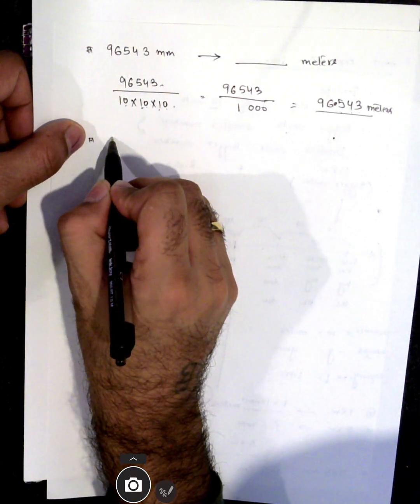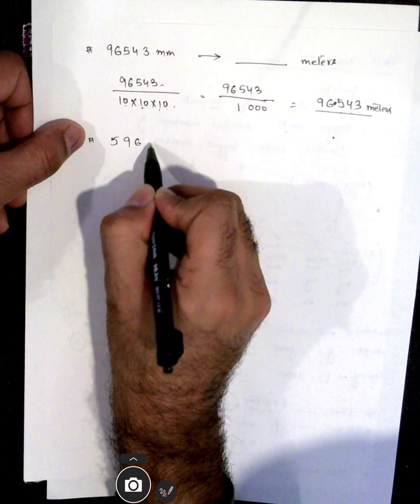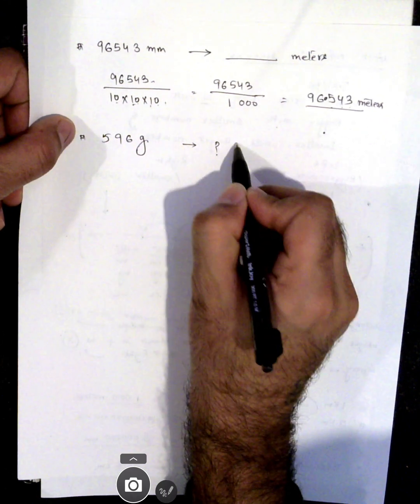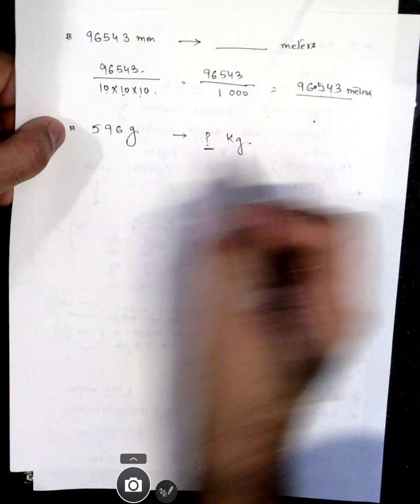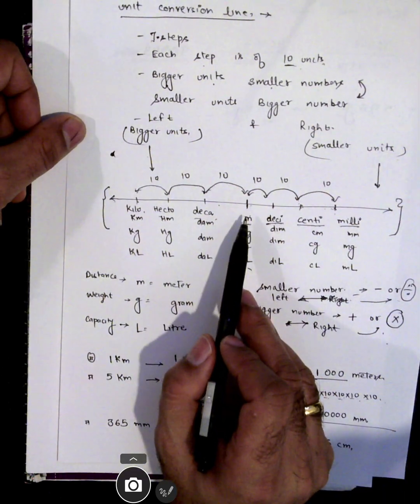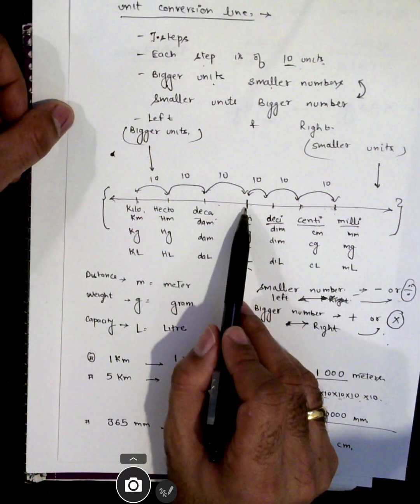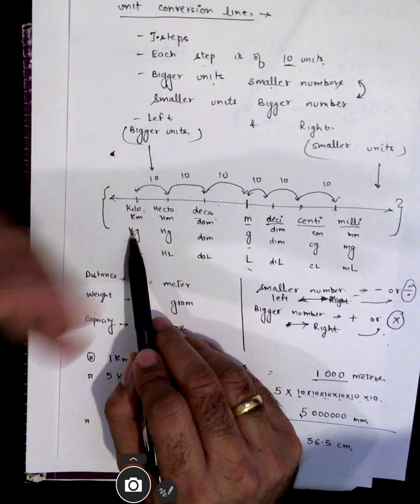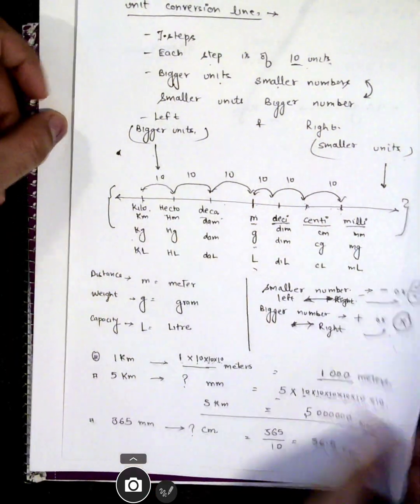Let's do 596 grams to kilograms. Again, going back to my unit conversion line, and I can check how many steps. So gram to kilogram, again I'm going towards the left hand side and there are 3 steps.